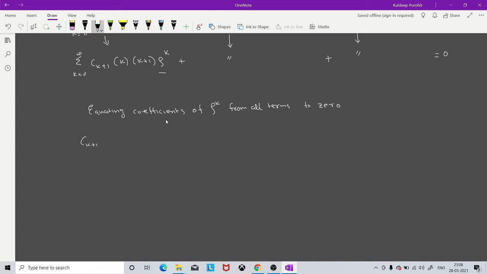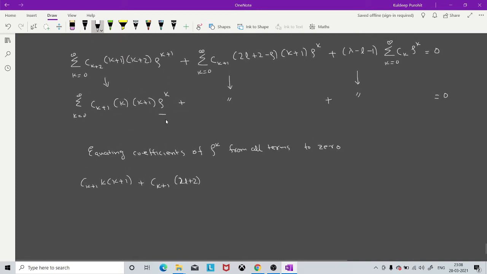c of k plus 1, k into k plus 1, plus c of k plus 1, 2l plus 2. You can see this, 2l plus 2. Here also you will be having one term, so you have to do the same thing there, because it will be rho into rho to the power k minus rho into k.